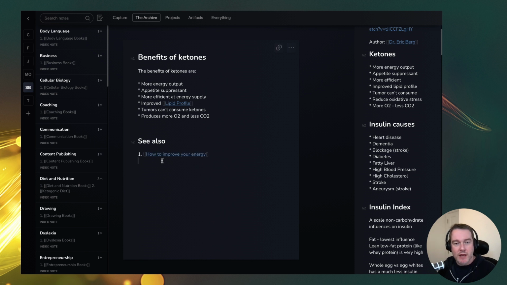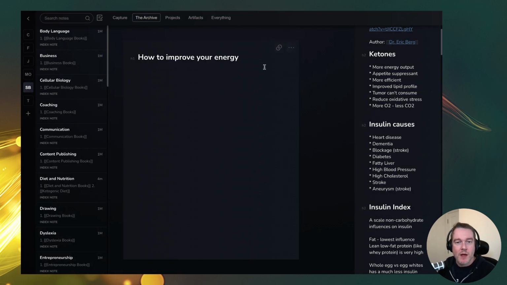So let's think of this as a high level thing, and now we have benefits of ketones, and then we can say ketones are shown to provide more energy. So as I refine these over time, I would probably put more words around that. I just want to get the placeholders and really the network, the connected thinking together.